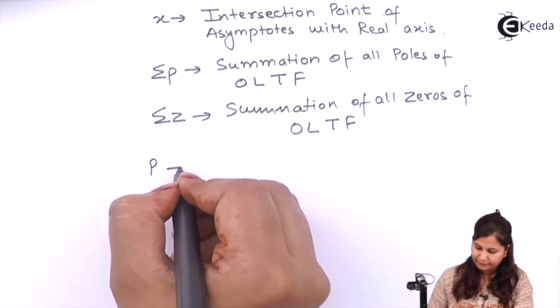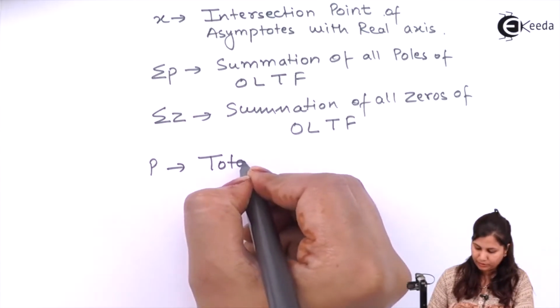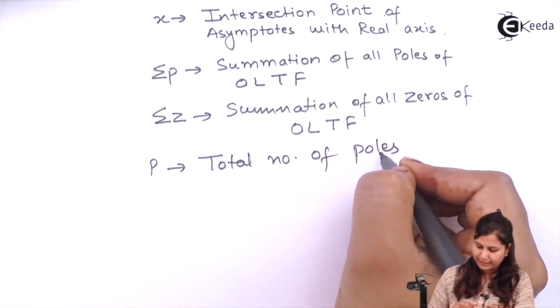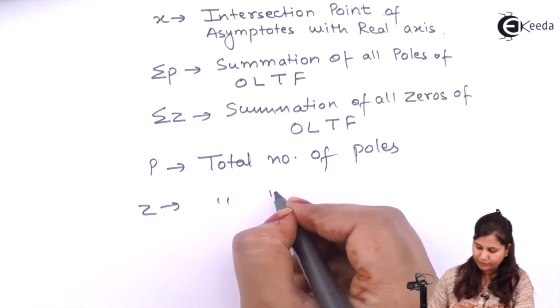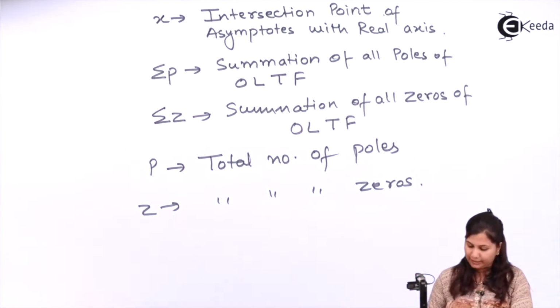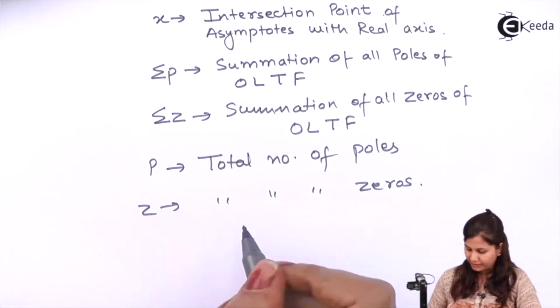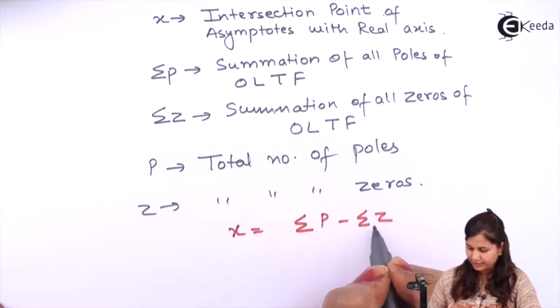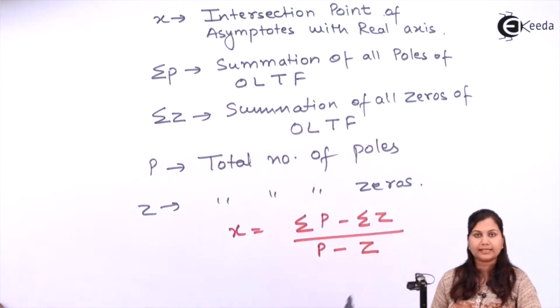Then P is the total number of poles and Z is the total number of zeros. Writing the formula again: X equals summation of P minus summation of Z, upon P minus Z.